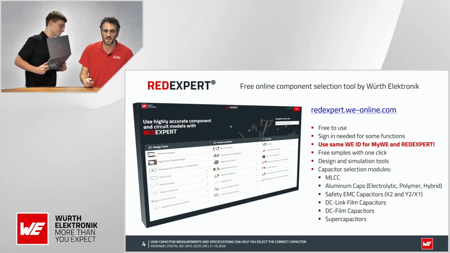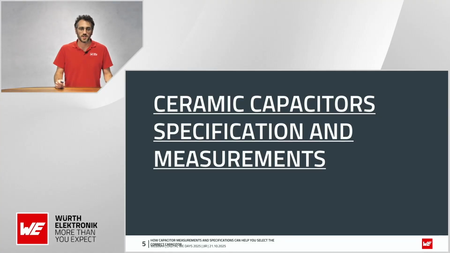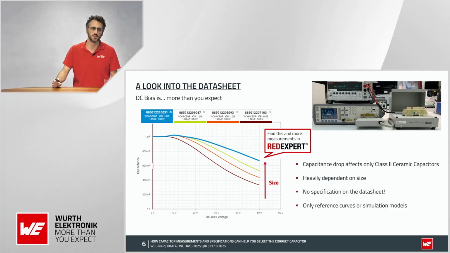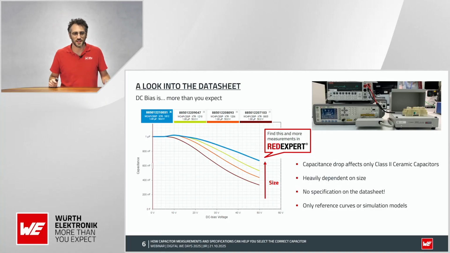Yep. So we will start with the ceramic capacitors. So maybe if you have been designing with MLCC class 2 capacitors, you have seen this kind of curve. This is what we normally call a DC bias curve or DC voltage dependency curve.